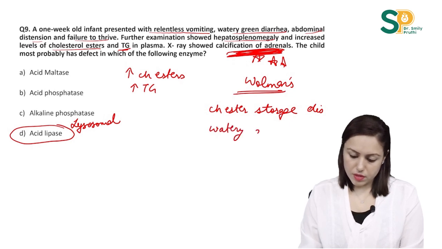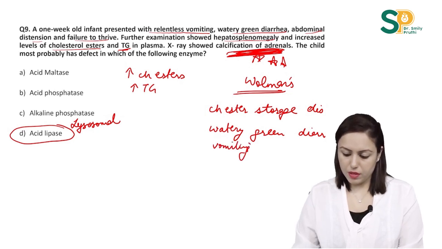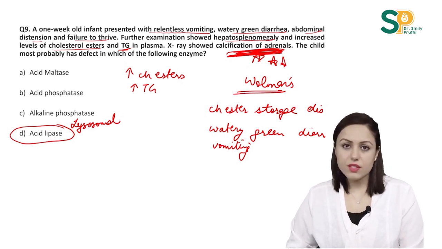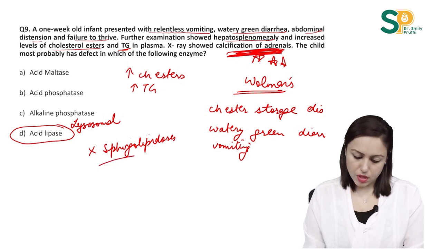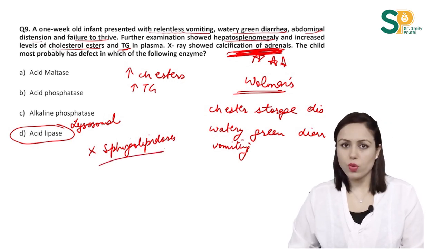The patient has watery green diarrhea, relentless vomiting and the characteristic feature is calcification of adrenals. This Wolman disease is not a sphingolipidosis, but it's a lysosomal storage disease.